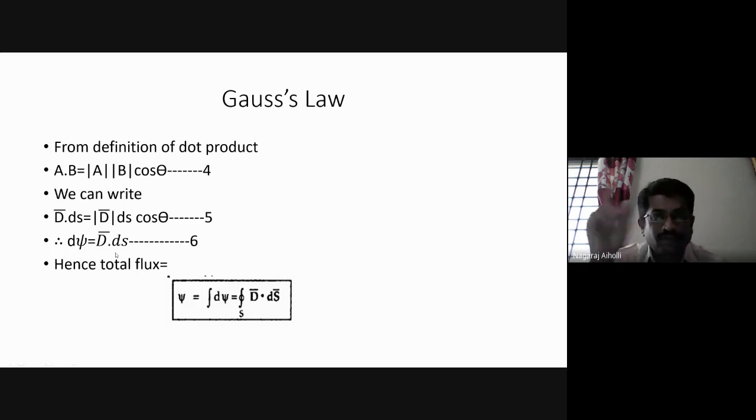If I want the total flux, then what are we supposed to do? If you want the total flux, we have to integrate. Therefore, I am integrating this d psi to get the total flux psi, that is the closed surface integral of D bar dot ds, because it's a closed surface. It is not an open surface, it's a closed surface. That is, closed surface integral of D bar dot ds bar.